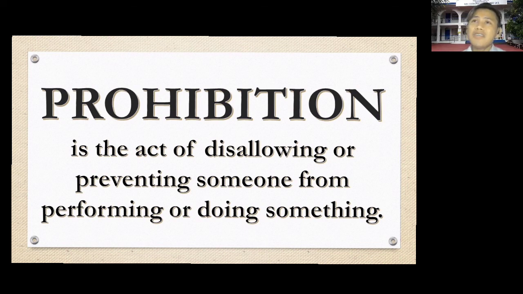Let's say, for example, you are not being allowed to have a boyfriend as of this moment because you're still young and you have to focus on your studies. Since you are prohibited by your parents, you have to abide by the rules, because you are under their care as of this moment, and you cannot yet carry on by yourself alone.